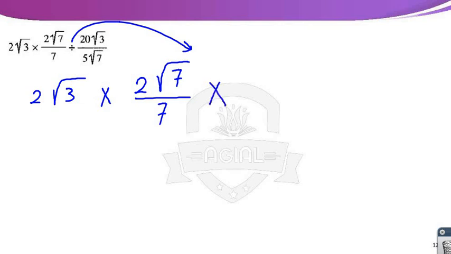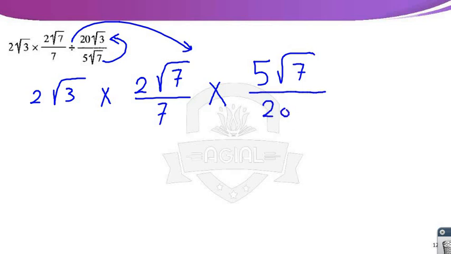It will be multiply, and we will flip, the numerator will be 5 square root of 7 over 20 square root of 3. Okay, so here we have 2 square root of 3 multiply 2 square root of 7 multiply 5 square root of 7.